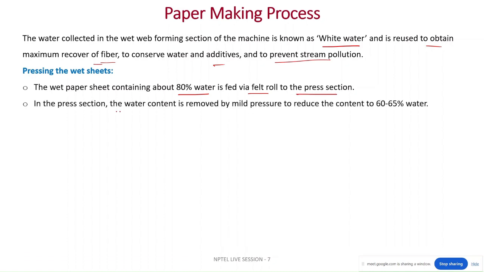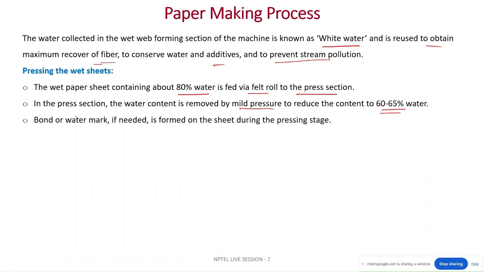Now in the pressing section, the water content is reduced by mild pressure to 60 to 65%. So the bond or the watermark, if needed, is formed onto the sheet during this pressing stage. Whatever we have removed, the free water content is now 60 to 65%. Now it is sent to the drying section.